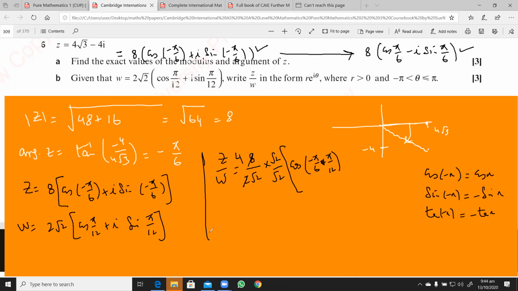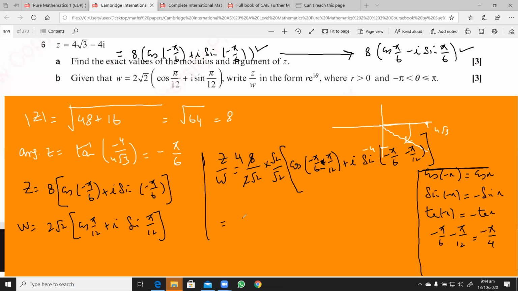So minus pi by 6 minus pi by 12 plus iota sine of minus pi by 6 minus pi by 12. Let's see what is this: minus pi by 6 minus pi by 12. Minus 2 minus 1, so minus 3 pi by 12, that is minus pi by 4.